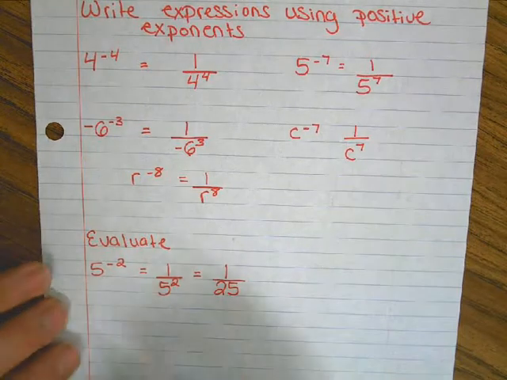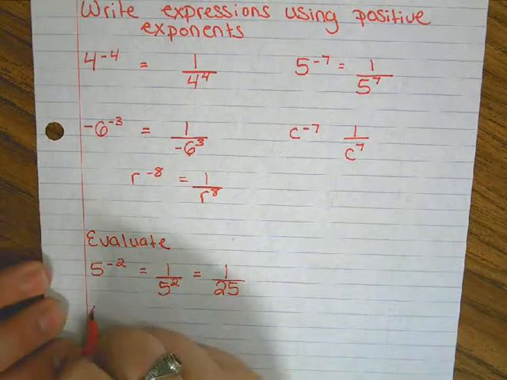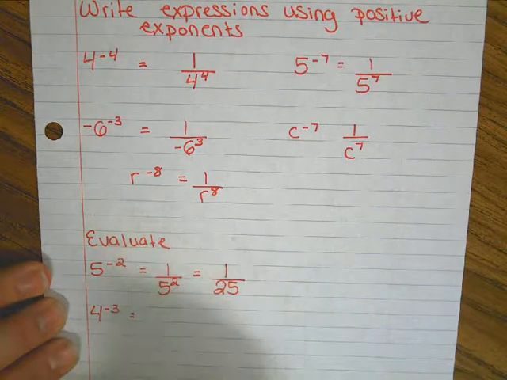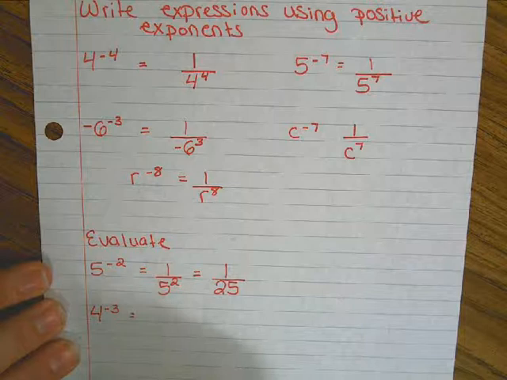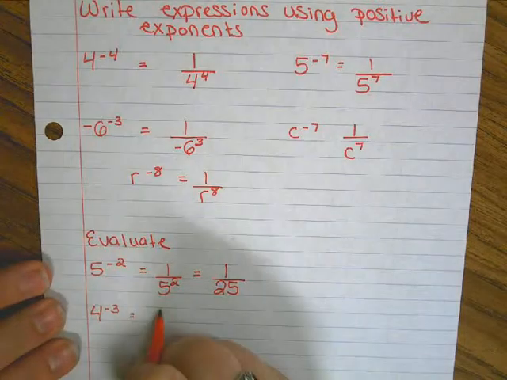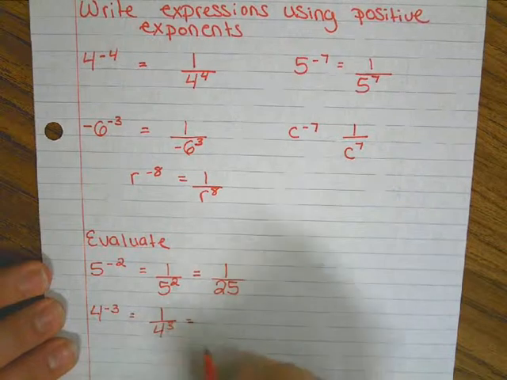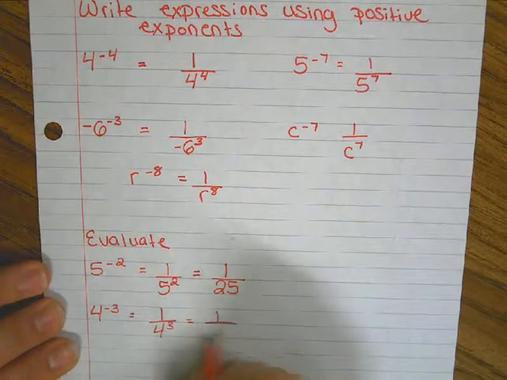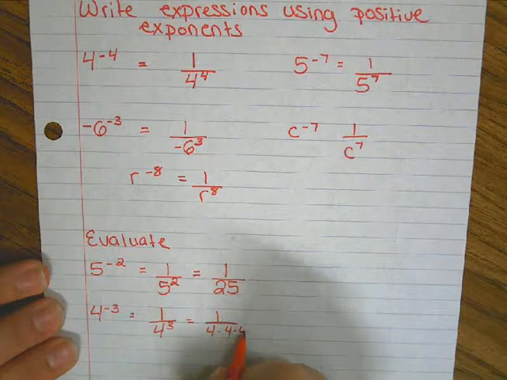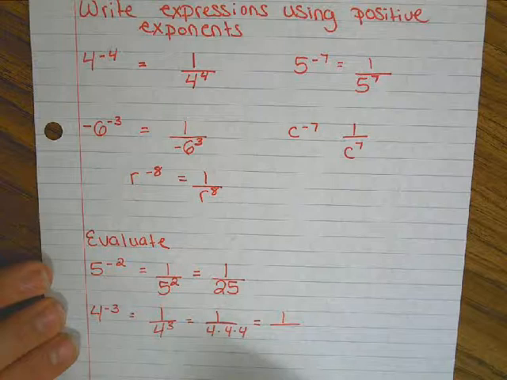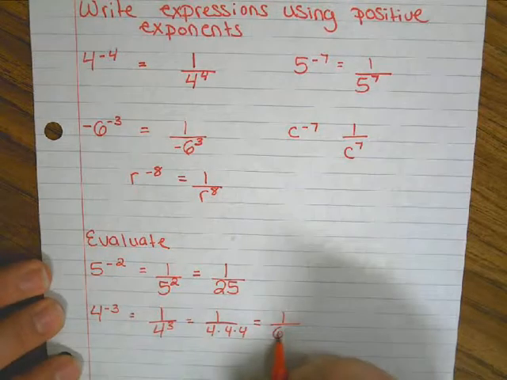What about 4 to the negative third power? 1 over 4 to the third. Now I need to evaluate it, so it's really 1 over 4 times 4 times 4. So 4 times 4 is what? 16 times 4? 64. So 1 over 64.